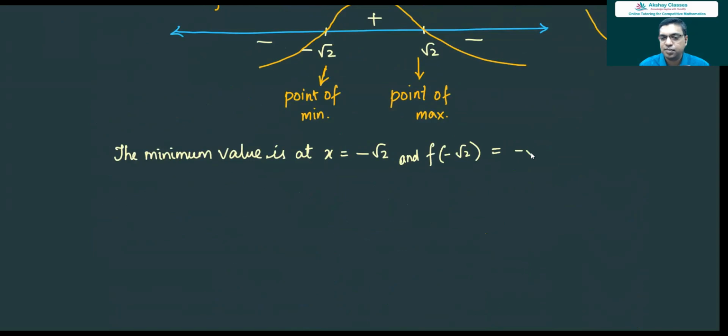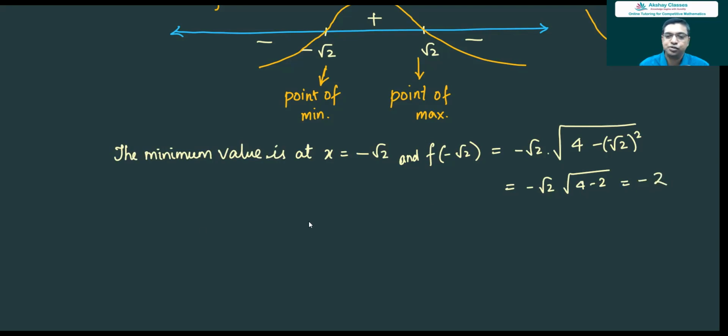So x is minus 2 into under root of 4 minus under root 2 the whole square. Minus 2 into 4 minus 2. So minus 2.